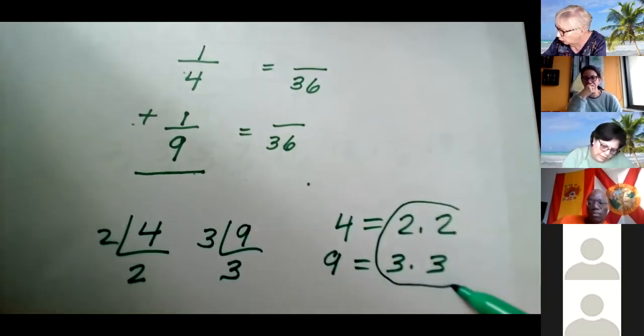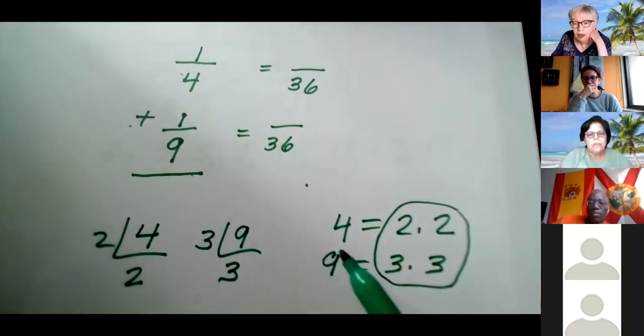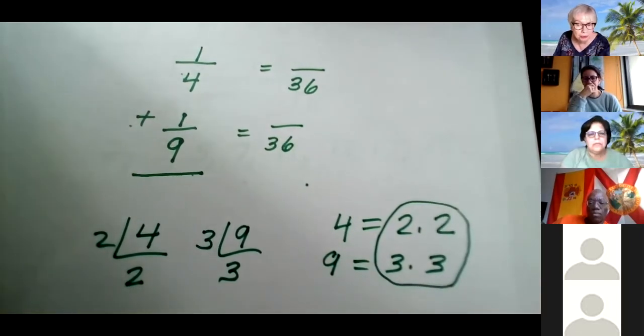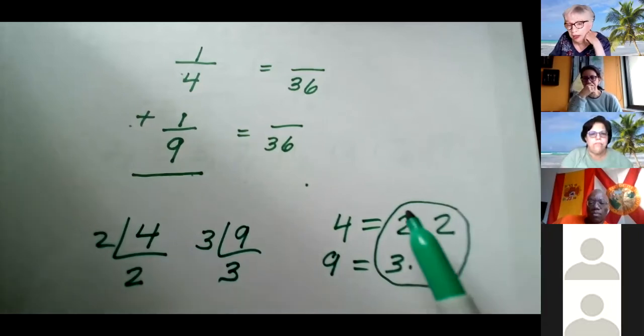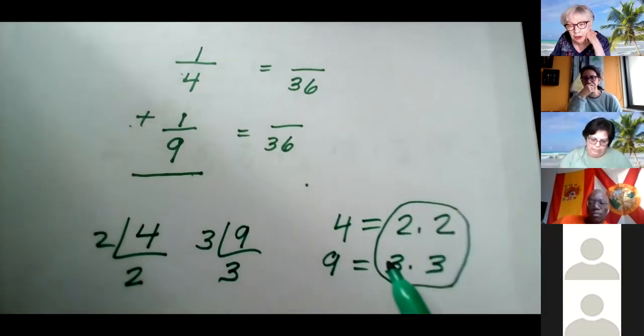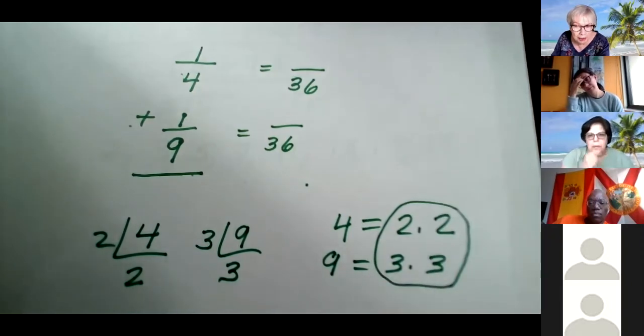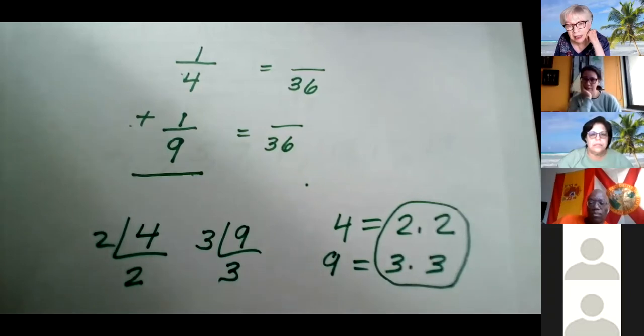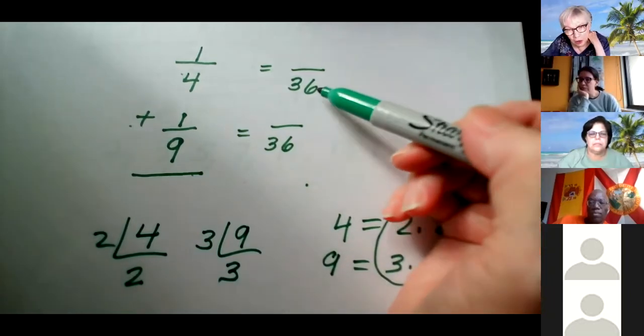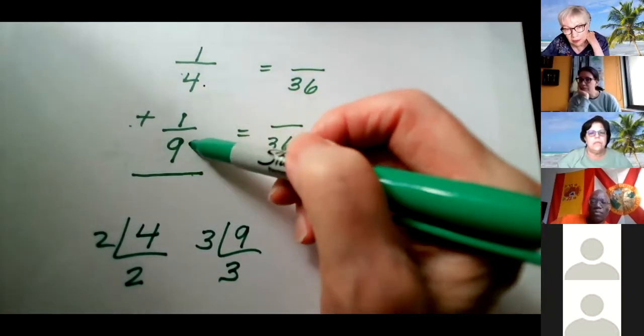Therefore, the lowest common denominator will be the product of these two. You've got to cover a pair of 2s and a pair of 3s, and there's nothing in common. So you're stuck with 36.